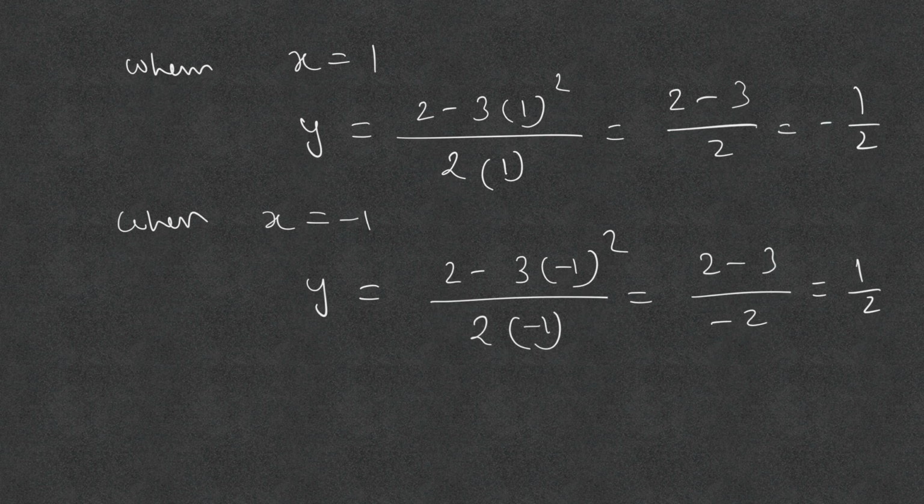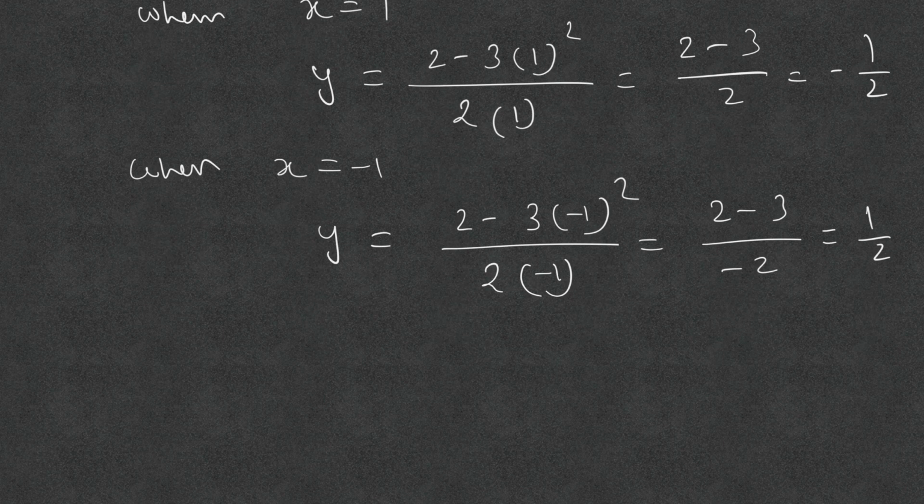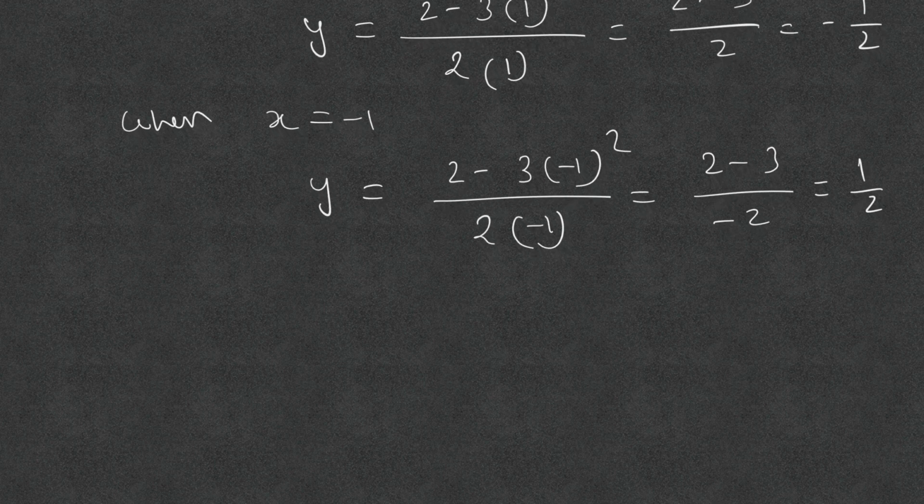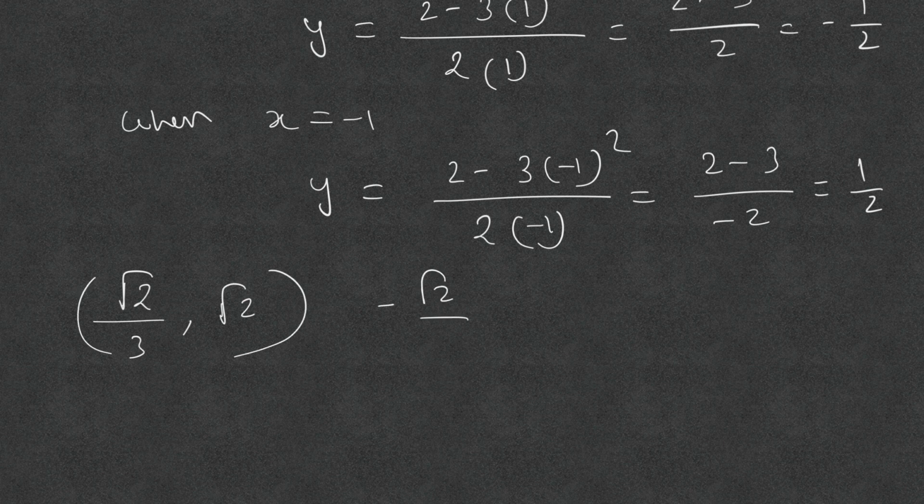And so for each one of these x values, we have corresponding y values. And so we'll write these values one at a time. Root 2 over 3 gave us the y value of root 2, and negative root 2 over 3 gave us the value negative root 2.